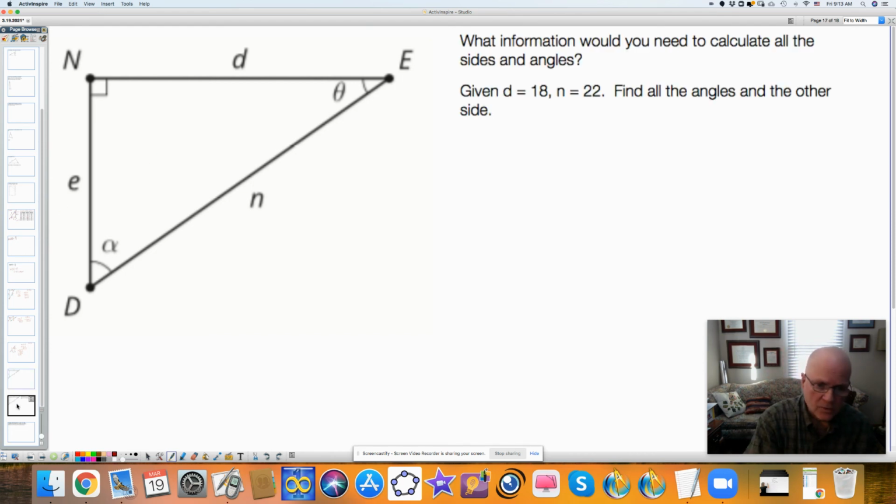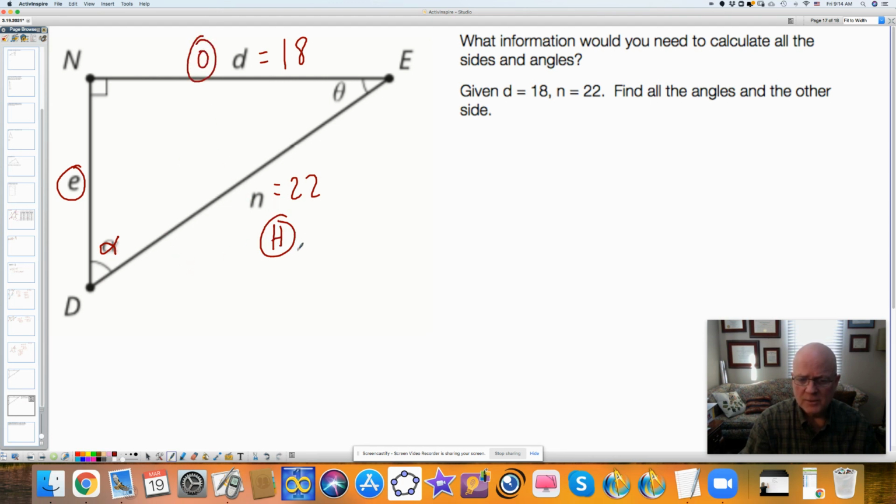And so what they do is they give us some values here. This is 18 and this is 22 to solve for these other sides. I would use the Pythagorean theorem to solve for E. And to solve for one of these angles, maybe you solve for alpha. This one at angle D. From this angle, this is the hypotenuse, and this would be the opposite.